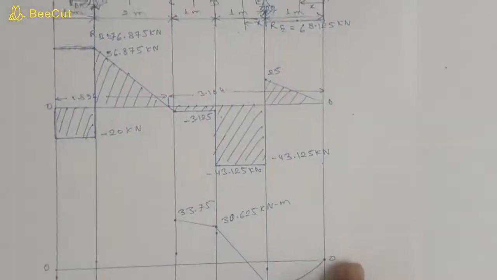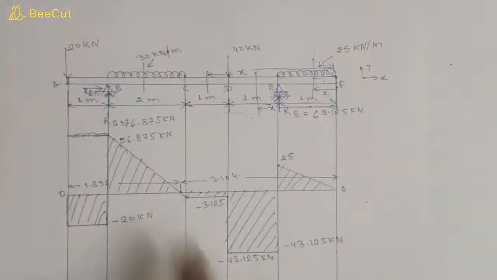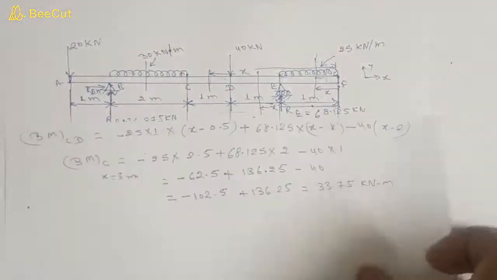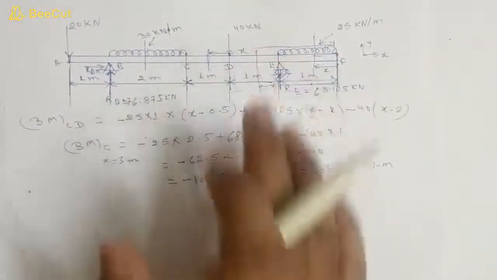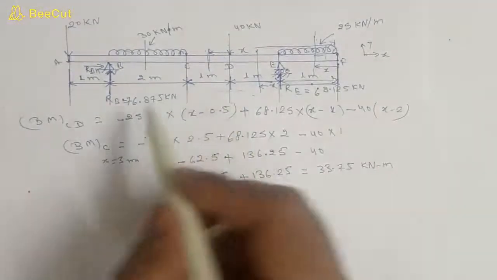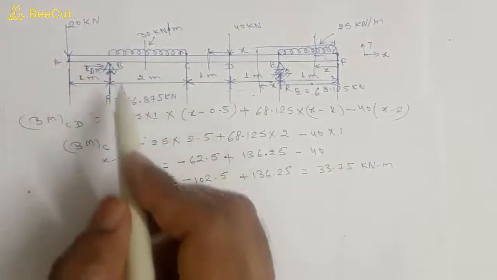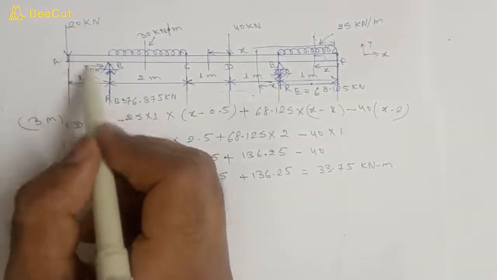Now we have to calculate the bending moment at this section at UDL. So as you know that bending moment is the sum of moment of forces either from the left hand side or right hand side of the beam. So we can calculate from this side also. So we will calculate in this section AB.